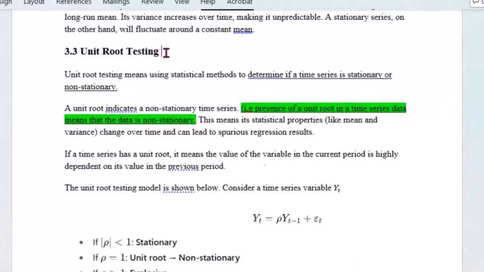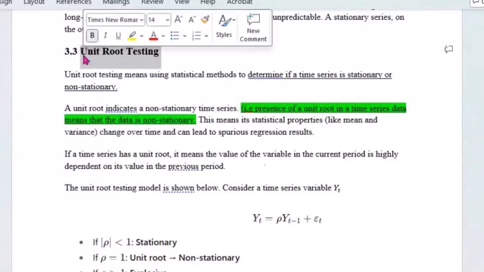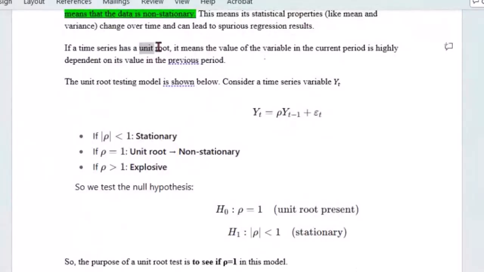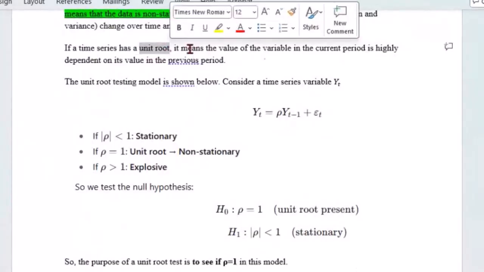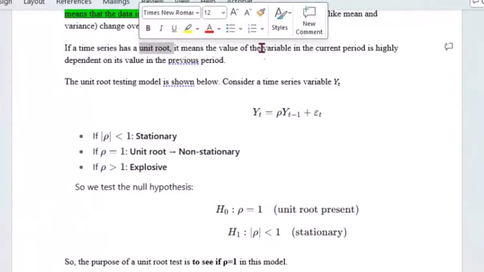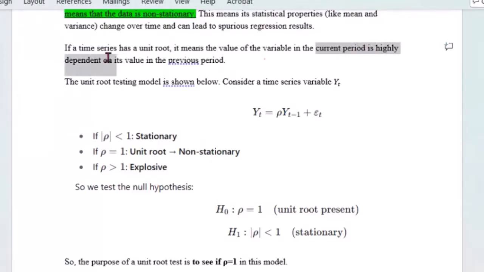What you are saying is, if you carry out a test and you find that there is a unit root, then it means that the data is non-stationary. If a time series has a unit root, it means that the value of the variable in the current period is highly dependent on its value in the previous period.